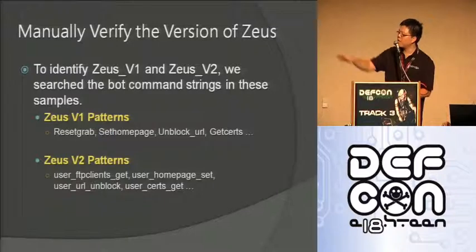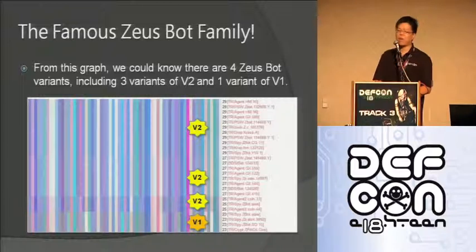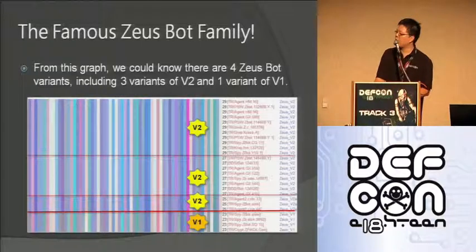Version 1 has these commands, and version 2 has another set of commands. After our manual inspection, we are able to identify different ZBot variants. The upper 3 blocks all belong to version 2 ZBots, and the one on the bottom is ZBot version 1.